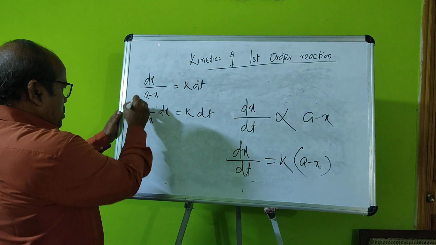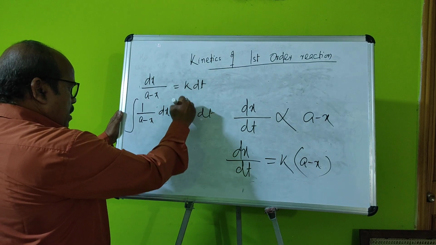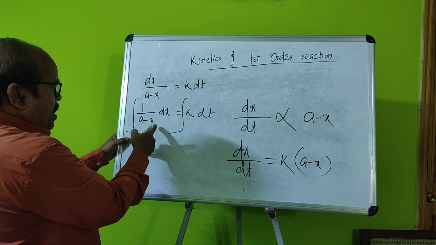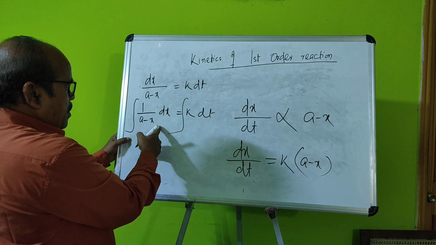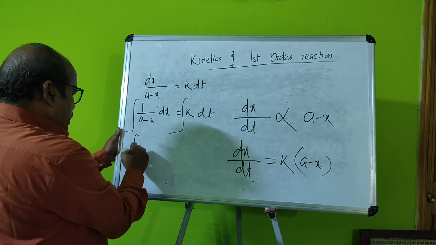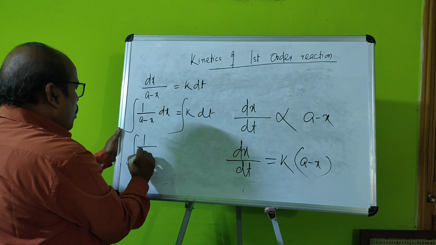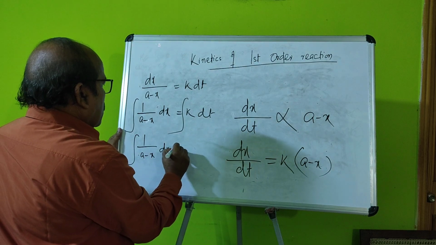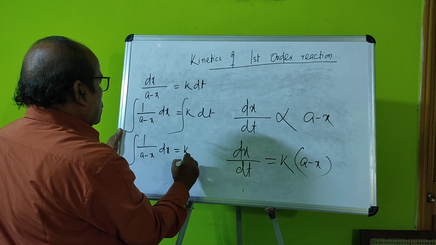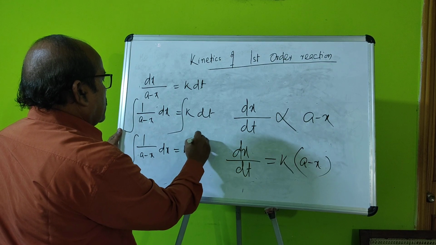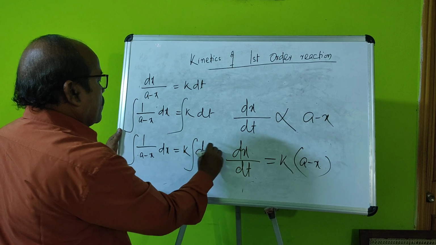Integrating both the sides, integration of 1 by a minus x dx is equal to k, taking the constant k outside, integration of dt.